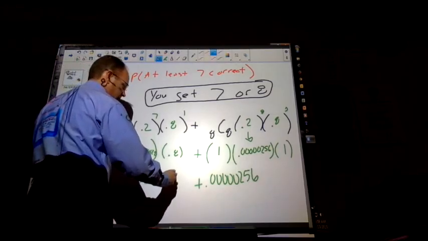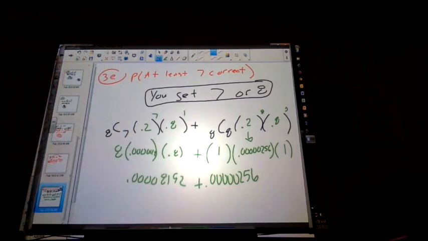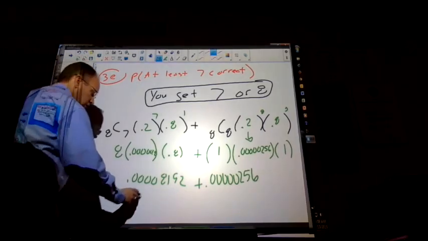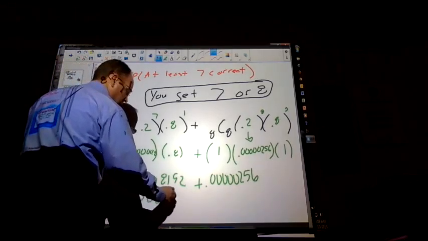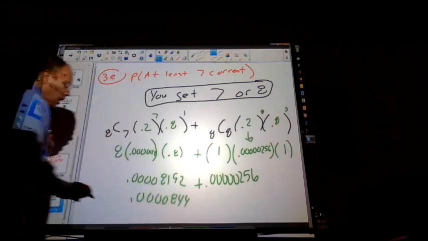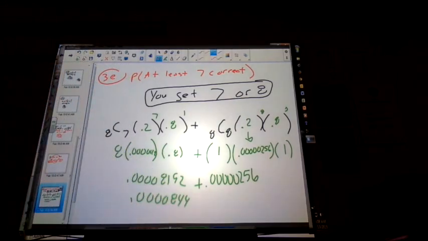Add them up. 4 zeros. 8, 4, 4. Oh my gosh. I don't know. Not that high. Did I do it wrong? I think it's just mad low.